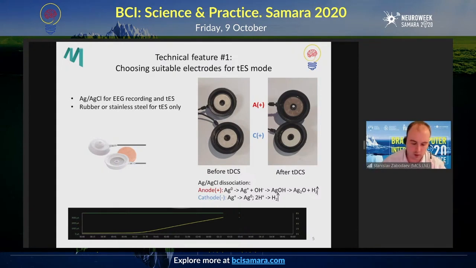Chloride is quite active, and when we add gel, current conducting gel, or some kind of electrolyte, there's dissociation in the solution of silver chloride into its components, you get ions of silver and chlorine.